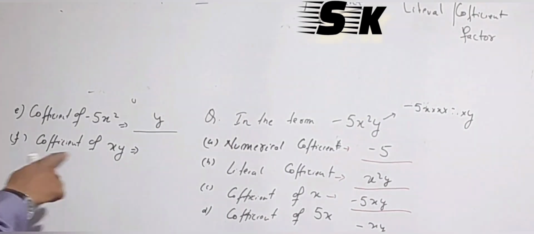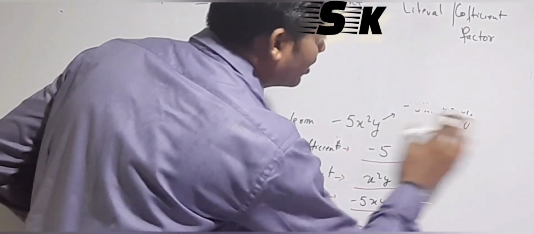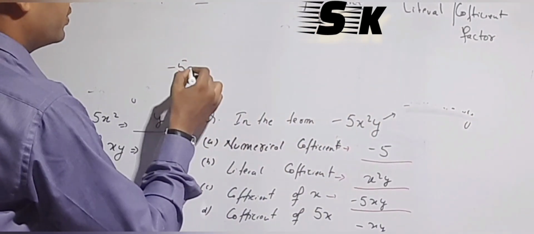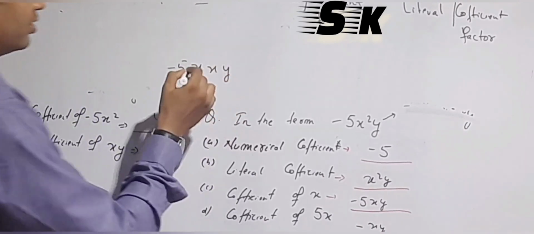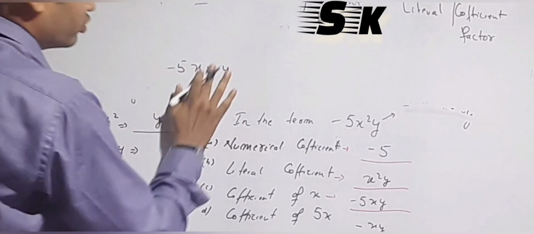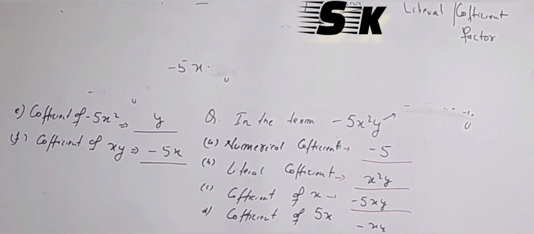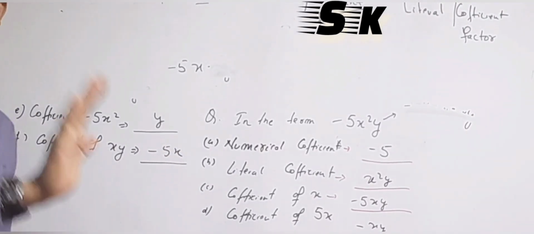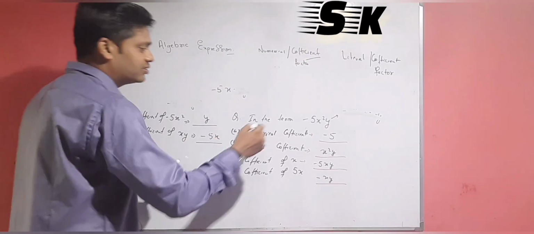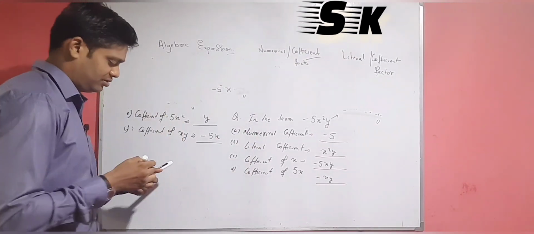Okay, coefficient of xy. Now wait, let me write it clearly. Minus 5 is there, x is there, y is there, and now the multiply sign, xy. So remove the x, remove the y. So the answer is minus 5x. Simple. Just use your right hand to write the answer and your left hand to close the answer.